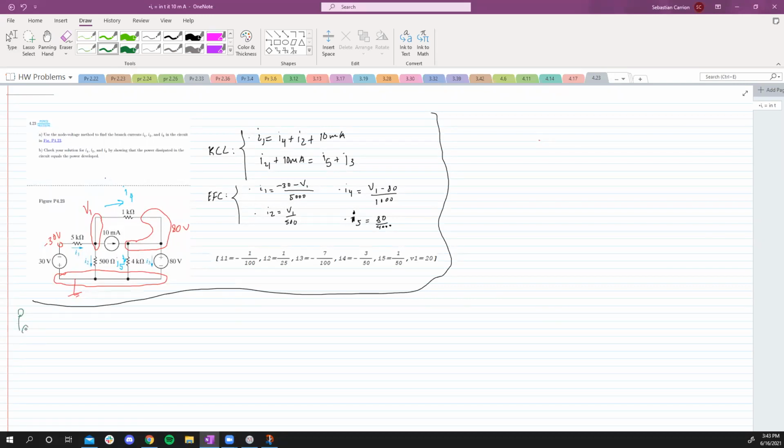So the power dissipated in the 5K ohm resistor: we know I1 is 1/100 times 5,000. For the 500 ohm, you know that I2 is 1/25 squared times 500.